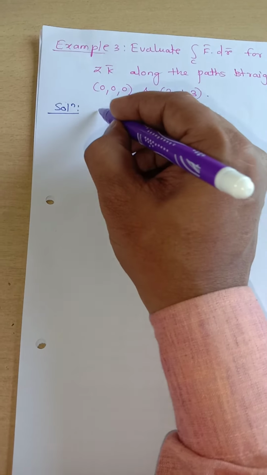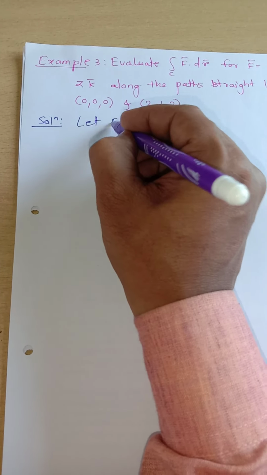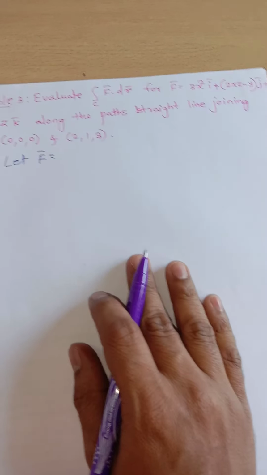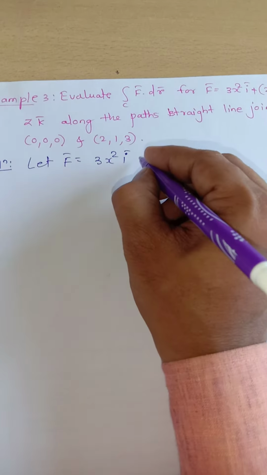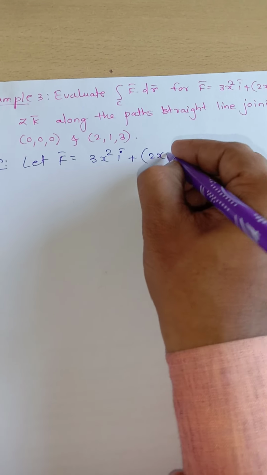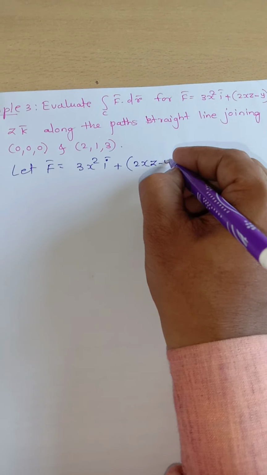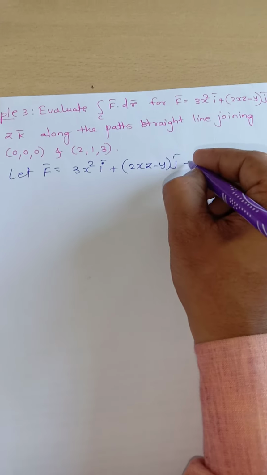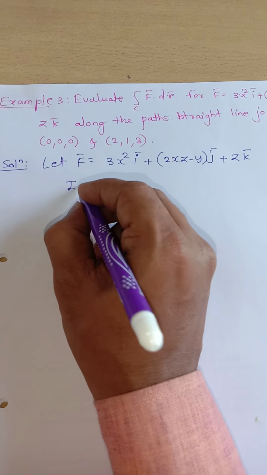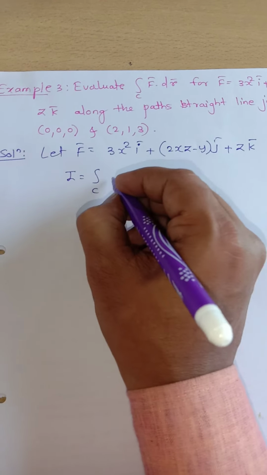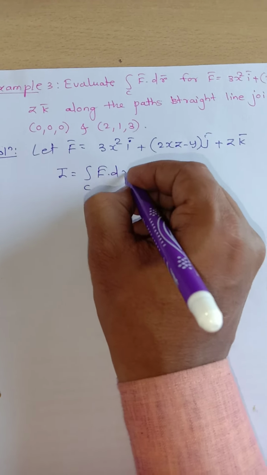So solution, let f bar is equal to 3x square i bar plus (2xz minus y) j bar plus z k bar. So the integral I is equal to the integration over C of f bar dot dr bar.